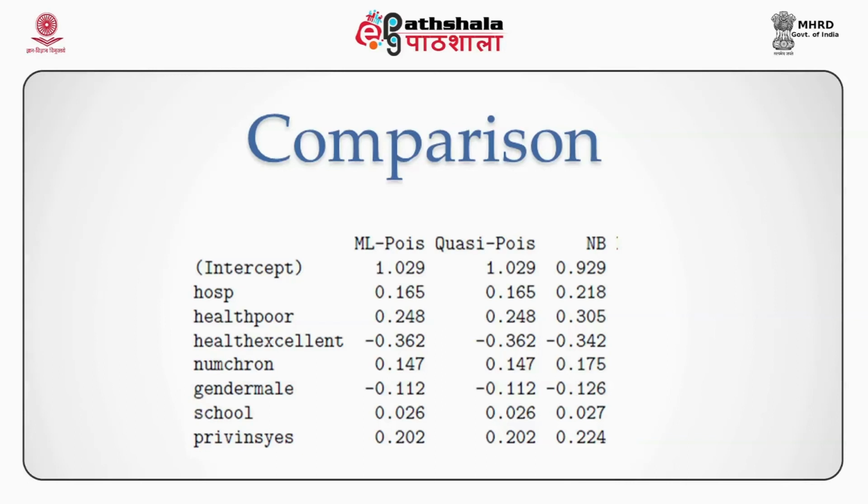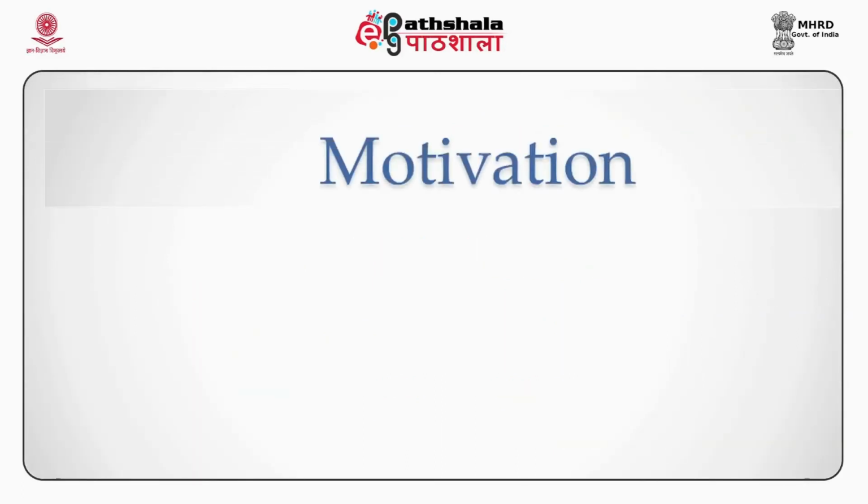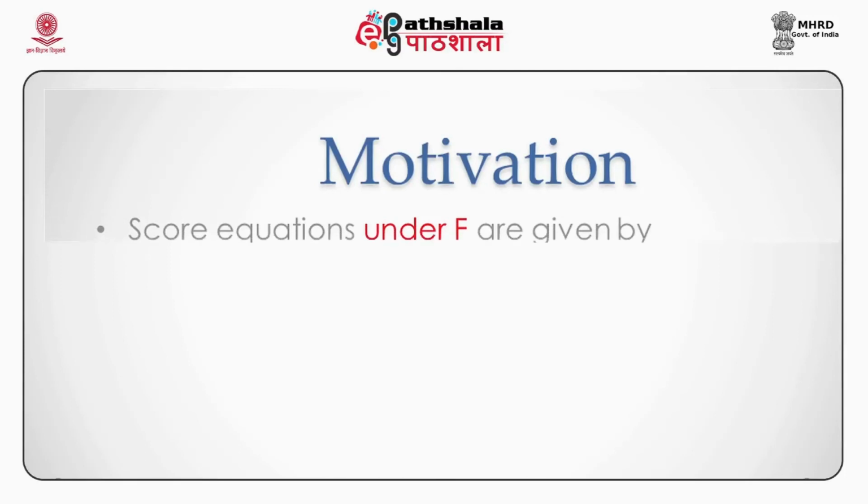So what is it that we really did using the quasi-Poisson family? Let us look at the motivation. Now, if we have a model which is specified by a probability function f, and if we find the score equations under the model f, they are typically given by the form summation i equal to 1 to m s_i(f, theta_m hat) equal to 0.